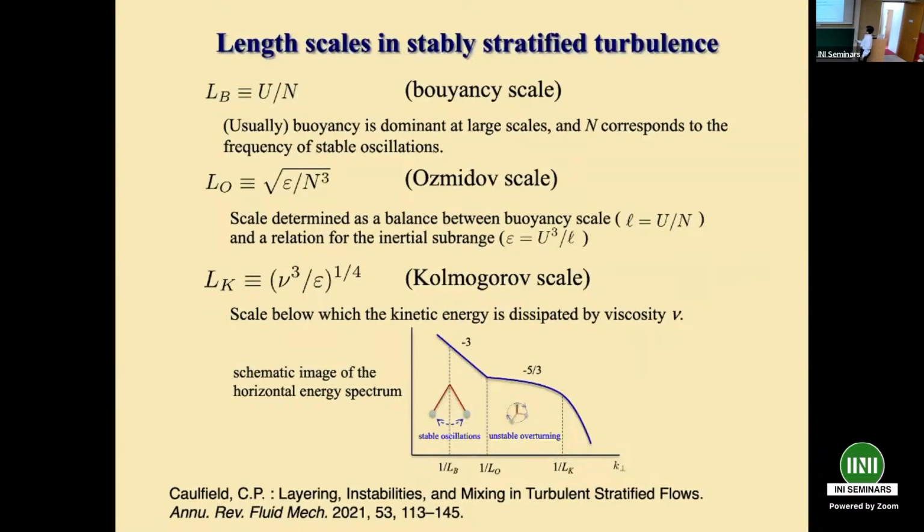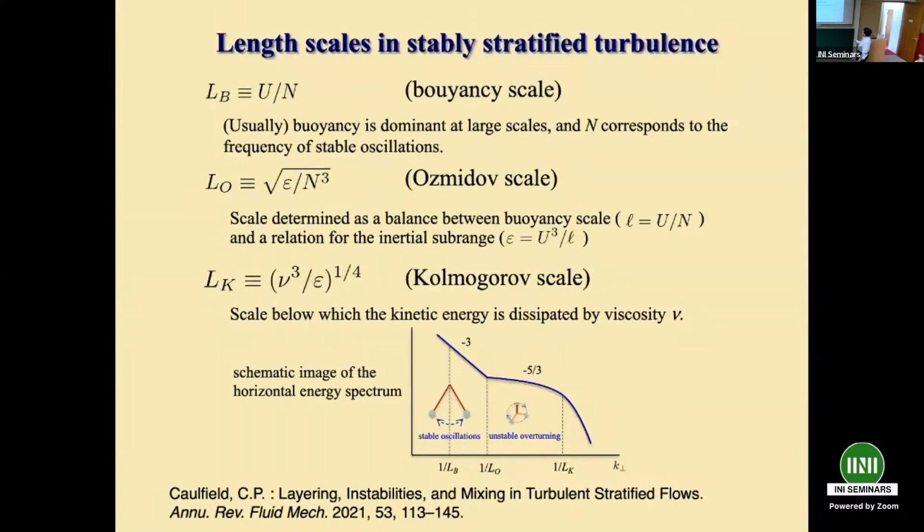And meanwhile, there's the so-called Ozmidov scale, which is determined by a balance between the buoyancy scale and the relation for the inertial subrange. The buoyancy scale is just U over N, and the inertial subrange, characterized by energy dissipation, is U squared divided by length scale.